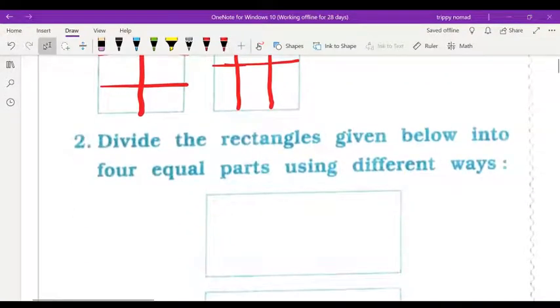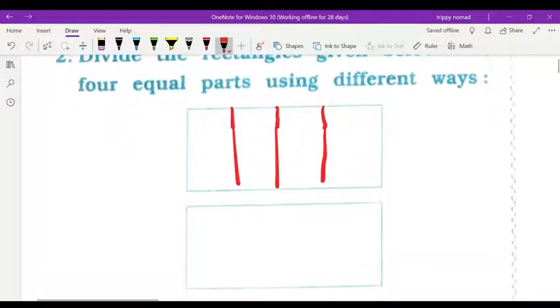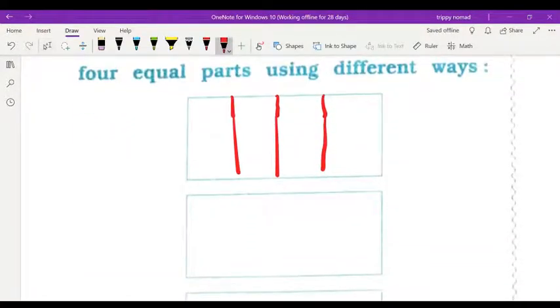Same way, children, question number 2. Divide the rectangles given below into 4 equal parts using different ways. As I taught in the first one, you have to make 4 equal parts, 1 2 3 4. You will draw 4 equal parts with a scale and the same measure, because I am drawing by estimation. You see this one is a little bigger than the remaining.